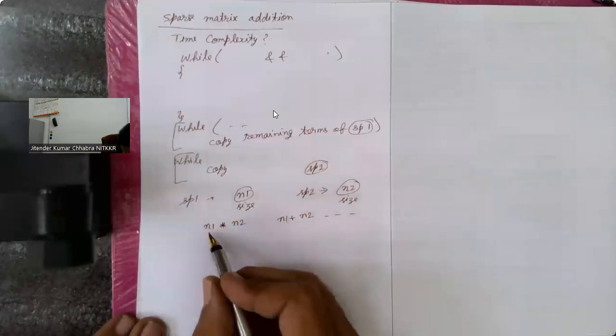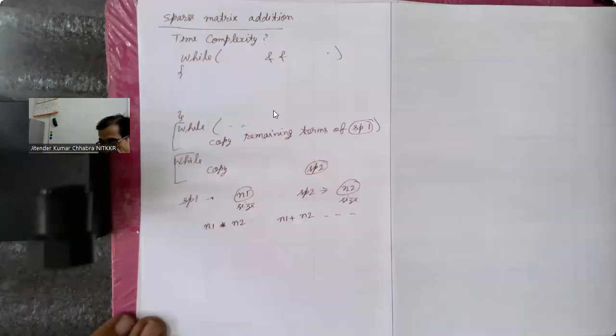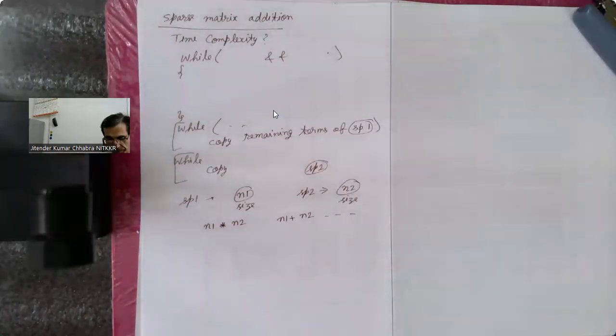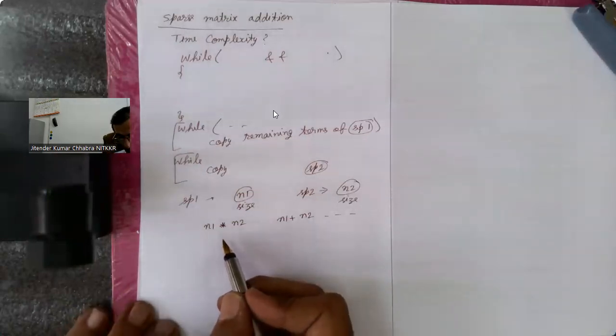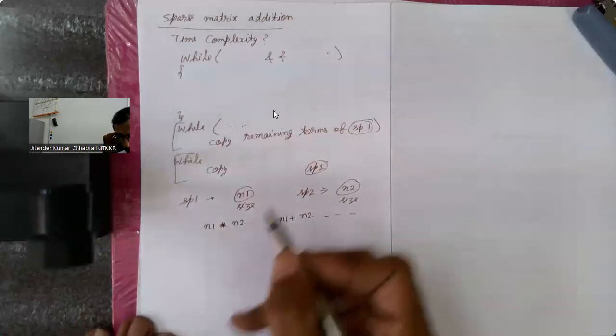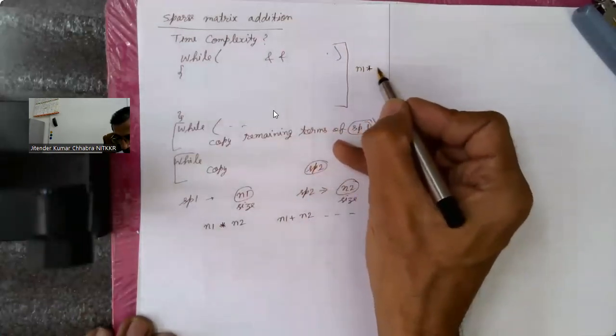Of course, you could say whichever is bigger, but whenever input depends on more than one parameter, we don't assume any one to be bigger or smaller. We have to make the big O complexity with both being considered in an equivalent manner. So both will be reflected in my time complexity notation. So will this while loop execute N1 into N2 times or not?